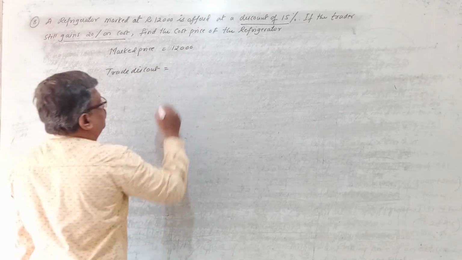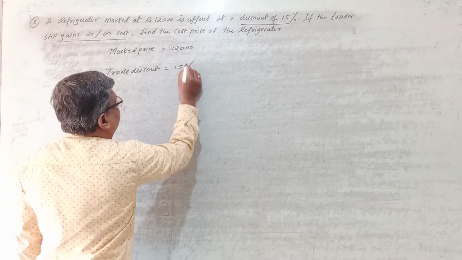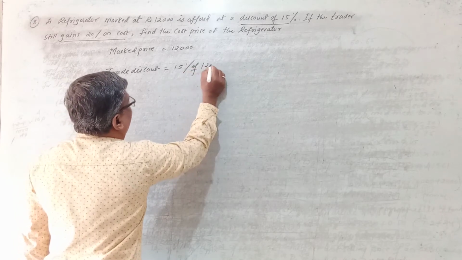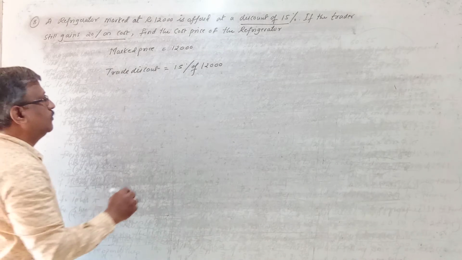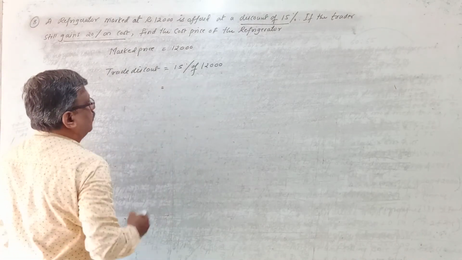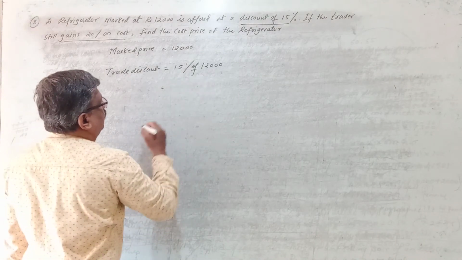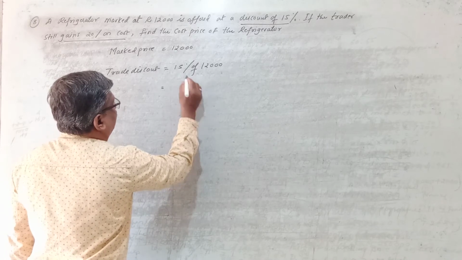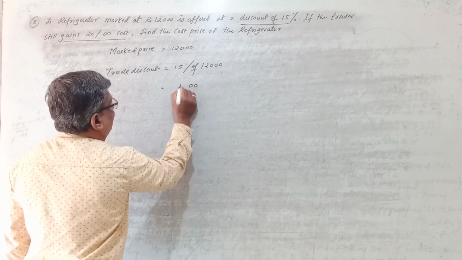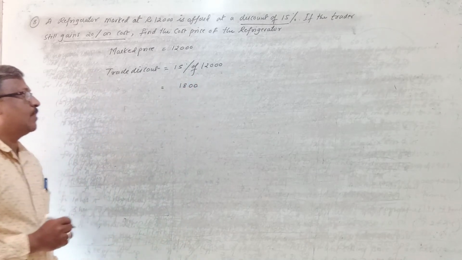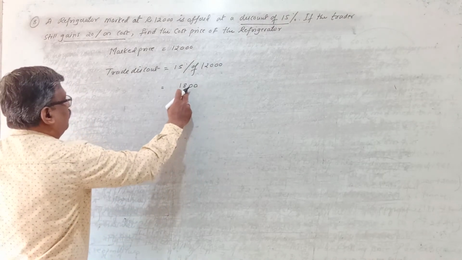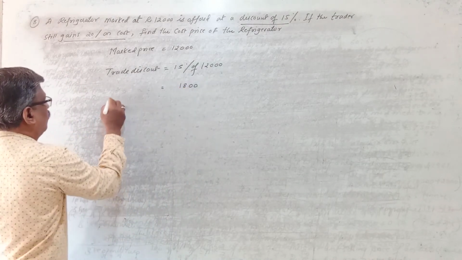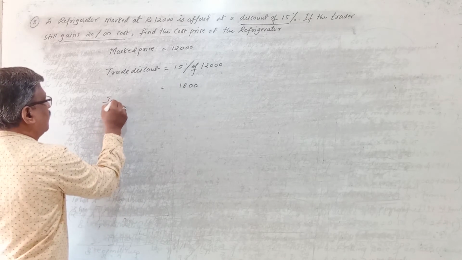So trade discount is equal to 15% on what? 12,000. So 15% of 12,000 is 1,800.